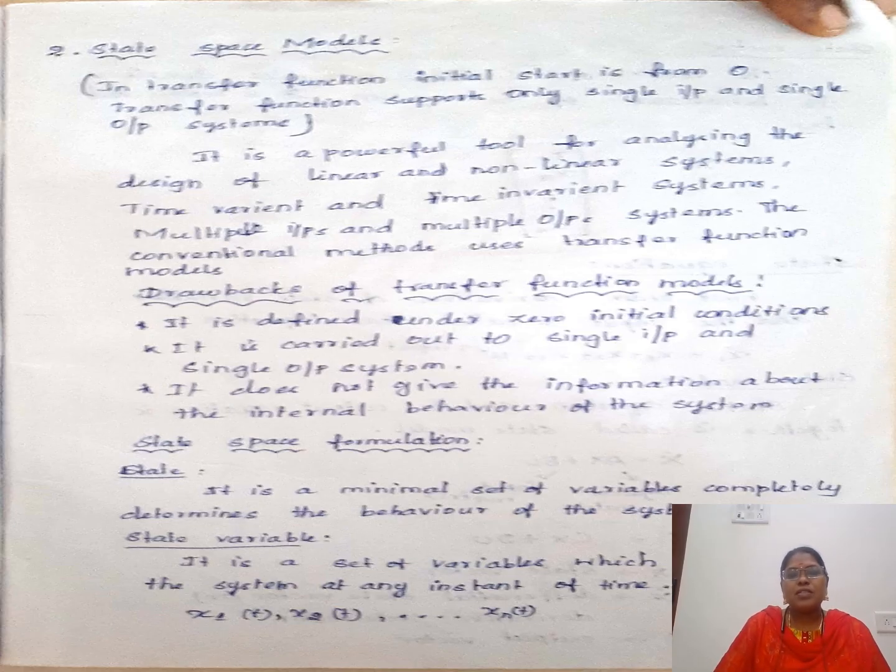This is the state space formulation. One is the state, which is nothing but the minimum set of variables that completely determine the behavior of the system. Take a continuous stirred tank reactor. Two liquids flow into the tank, and they have to be mixed thoroughly.